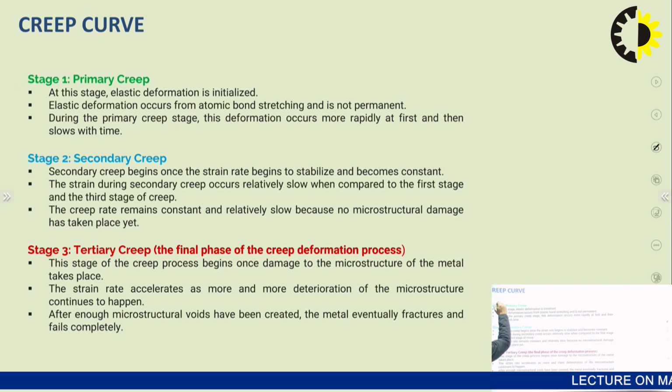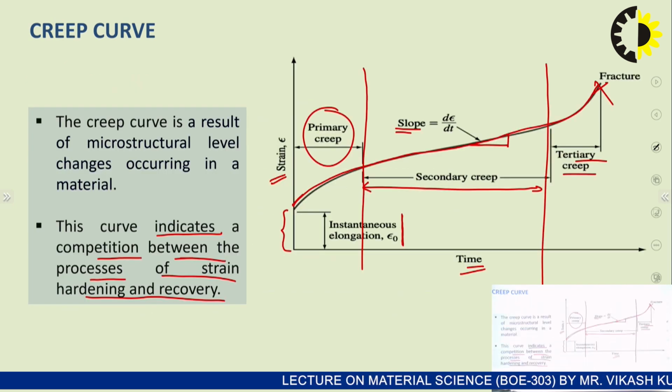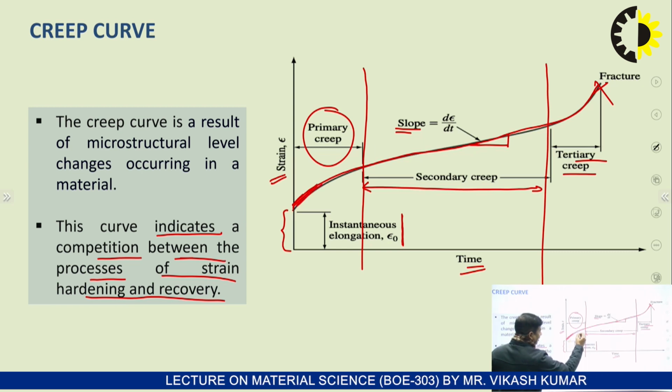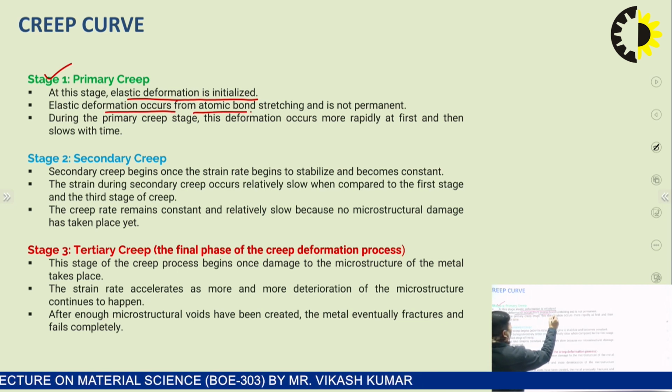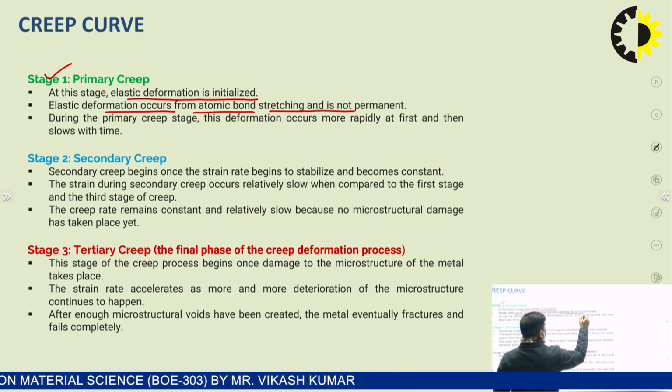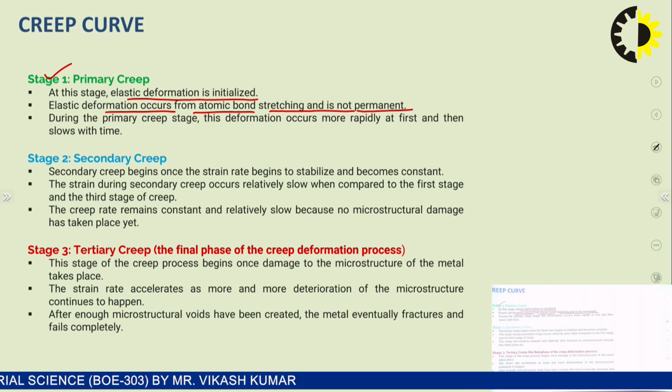If we discuss stage 1, where primary creep is going to happen, here elastic deformation is initialized, because if you observe this curve, the elastic region initializes, and elastic deformation occurs from atomic bond stretching, and it is not permanent.